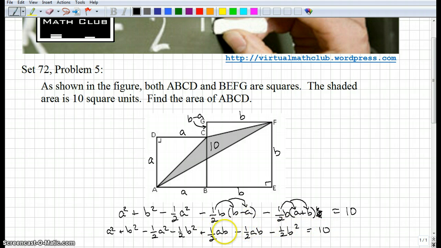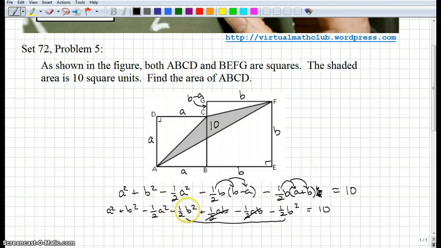Let's combine like terms. Now I'm seeing a positive 1/2 AB and a negative 1/2 AB, so that's just 0. Here I'm seeing a negative 1/2 B squared and a negative 1/2 B squared, so that's negative B squared.